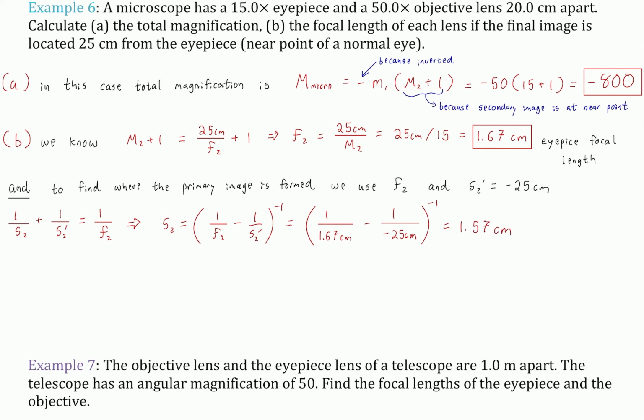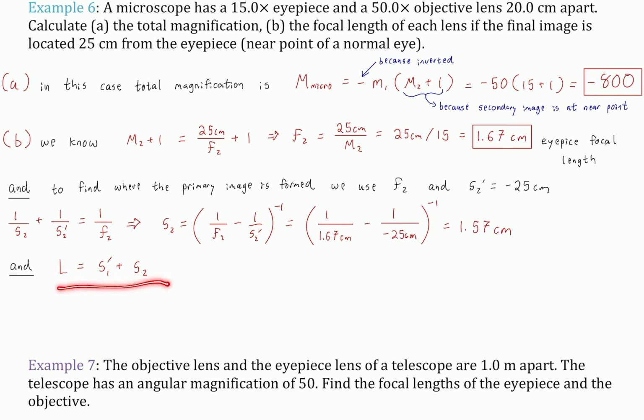But what are we going to do with the information about where the primary image is formed? Well, since this is the object of the eyepiece, but also the primary image, it is tied to the objective lens. So the total length is just going to be the sum of S1 prime plus S2.